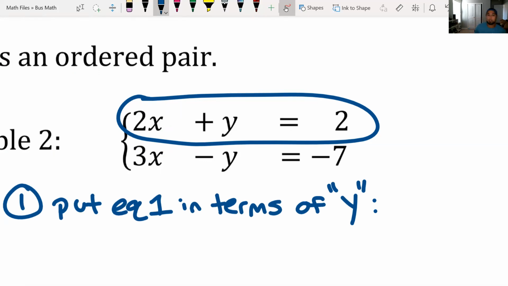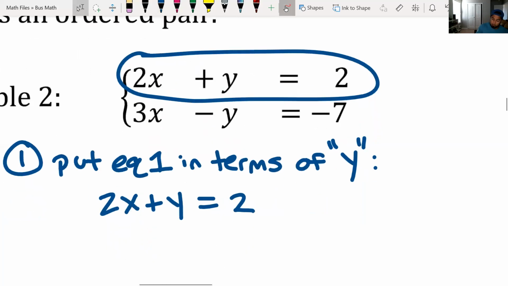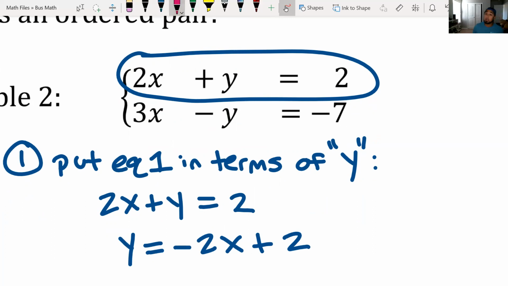All right, so 2x plus y equal to 2. All you have to do is move the 2x over. That's it. Move the 2x over. And we get y equals negative 2x plus 2. And guess what we have?